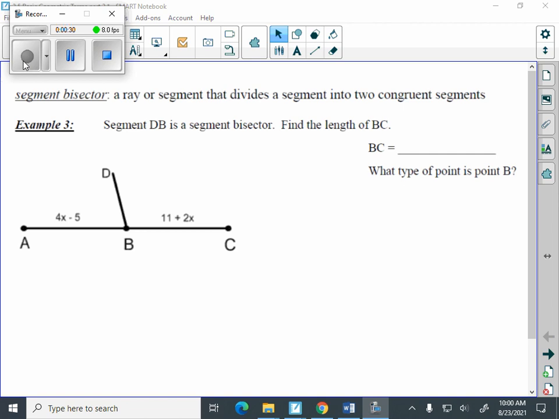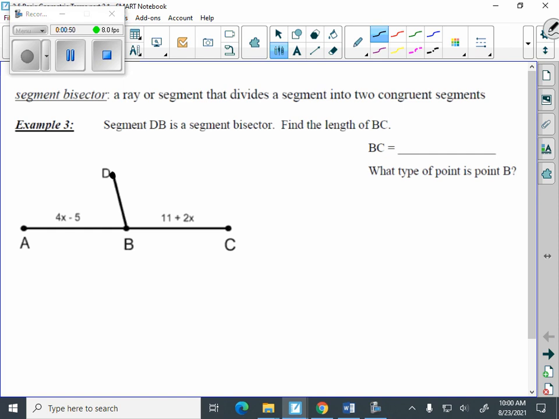They're geometrically equal, because segment DB happens to be a bisector of that. And bisect means that it breaks things apart into two equal parts.